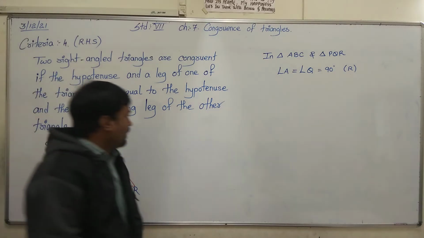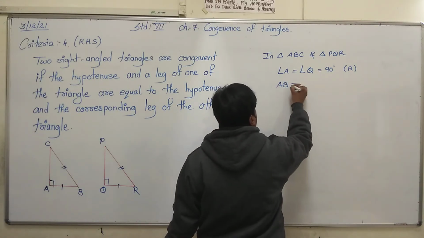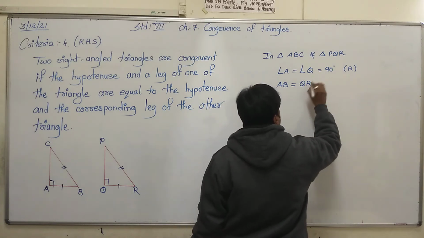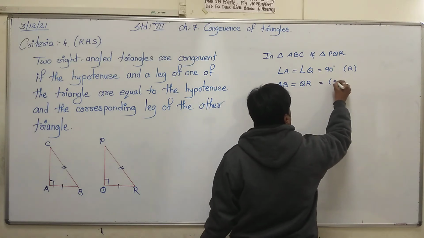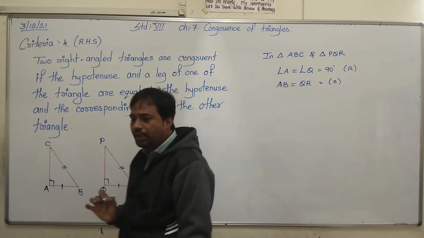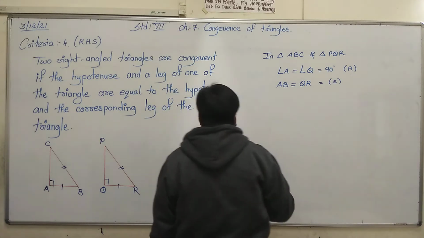Secondly, we can say that AB is the same as QR, right? That is equal to side, or we can say they are the legs of the right angle triangle.